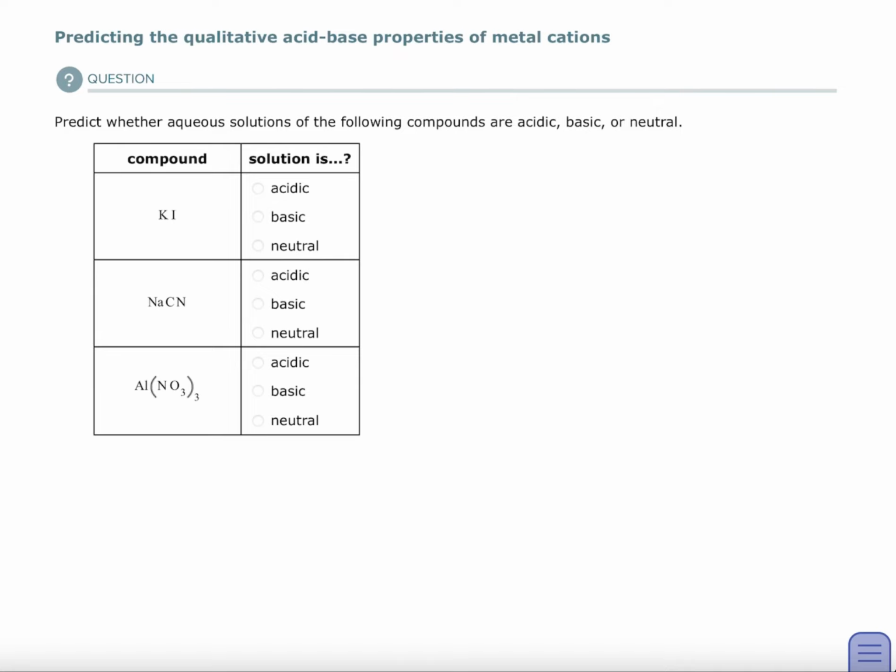Okay, so just let me give you a couple rules of thumb. Anytime you have a salt, all these are salts. Anytime you have an ionic compound, it's a salt. And when you put it in water, it's going to dissociate into cations and anions. So if you're going to guess whether something is going to make the water acidic or basic or nothing, then you're really looking at what's going to happen to those anions.